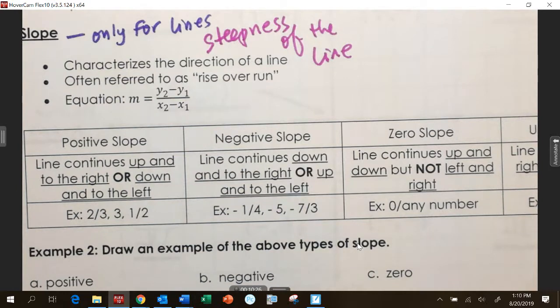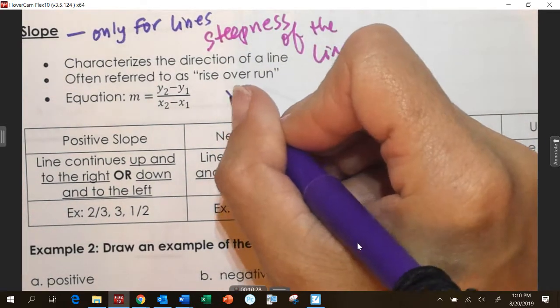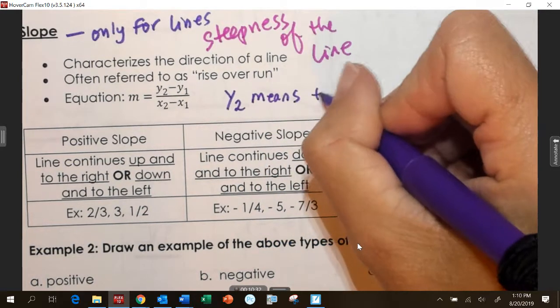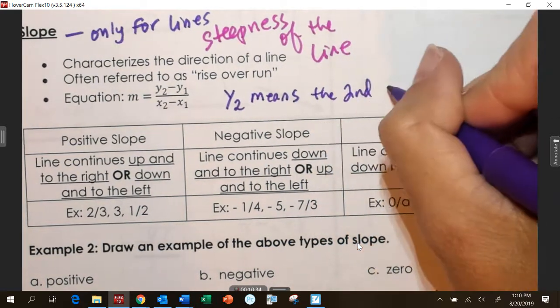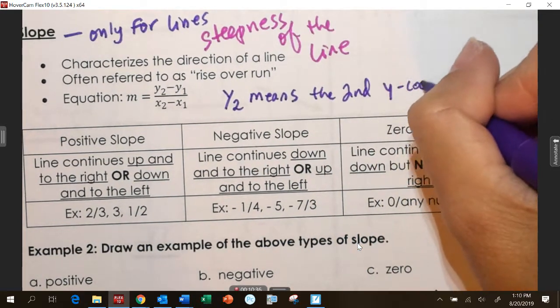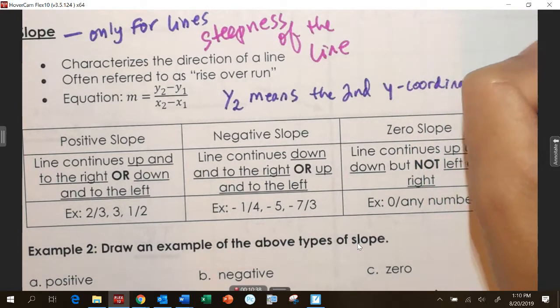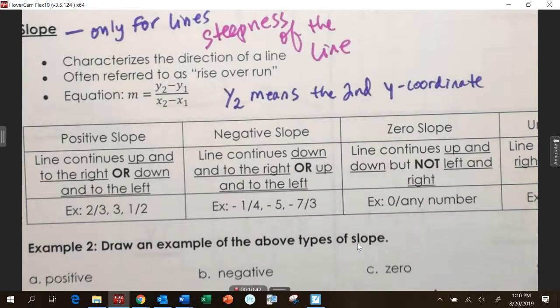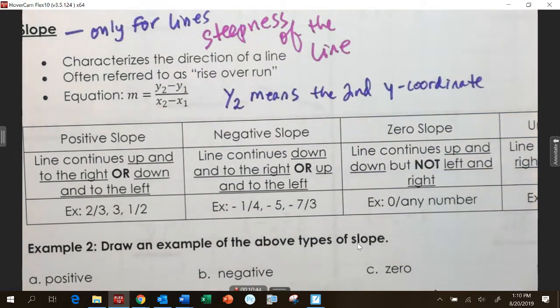As we're looking at this formula, if you see something like y2, that means the second y coordinate. y2 with the lower 2, the tiny little 2 means the second y coordinate. What would y1 mean? The first y coordinate. What would x2 mean? The second x coordinate. So the number at the bottom is just telling you which one it is.